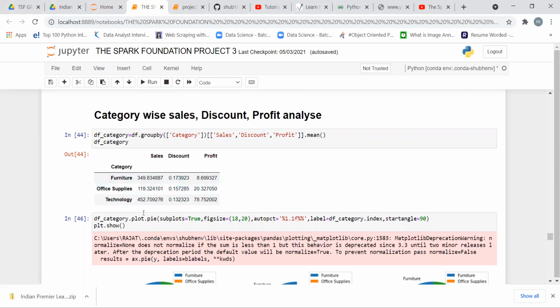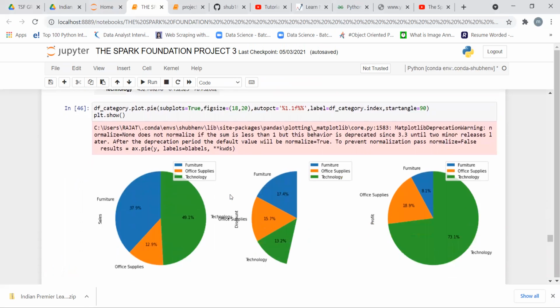The category also analyzes sales, discount, and profit in terms of category. Categories are of the nature of office supplies and technology. So we use a pie chart, and we can see that technology generates more sales than the others, and the highest discount is given to furniture, and more profit is generated by technology.